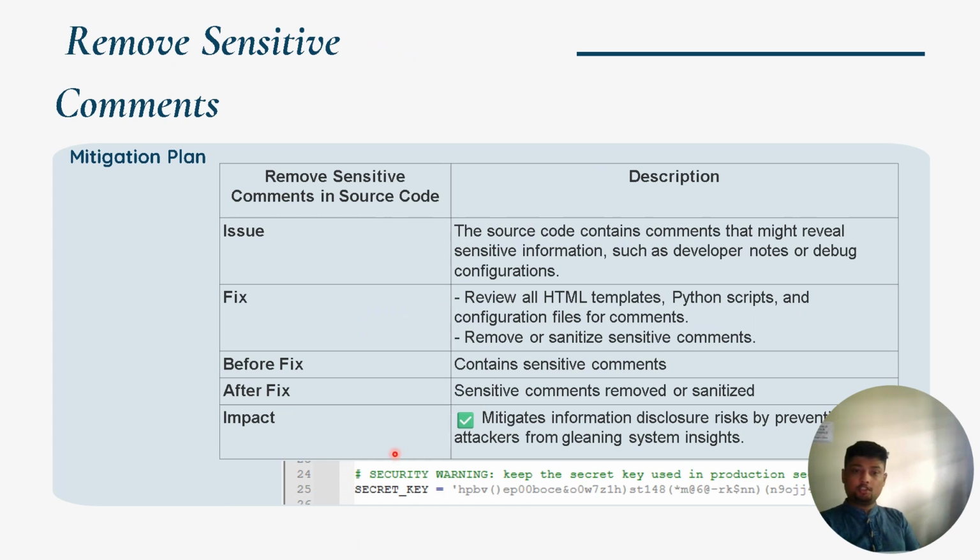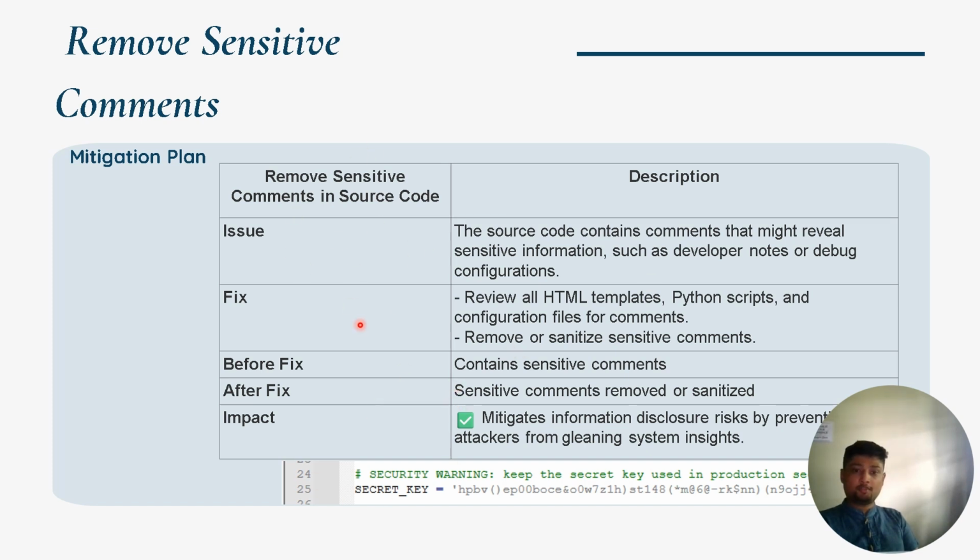Another issue that was flagged by ZAP was the inclusion of sensitive information within comments in the code, right? For example, in the code, you can see the secret key is openly mentioned. If you mention the secret key or the API key, and we put a comment saying this is the secret key, then it can compromise our application, because if attackers can get access to our source code, which normally they easily can, then this whole thing will be compromised.